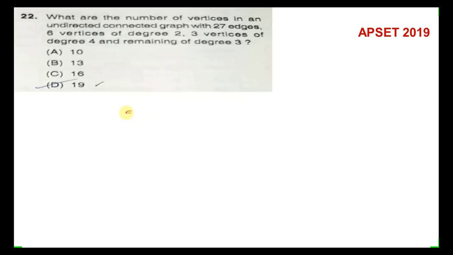So we have 6 vertices with degree 2, plus 3 vertices of degree 4, plus the remaining vertices, assume they are x, which have degree 3, and this is equivalent to the edges, which are 27.